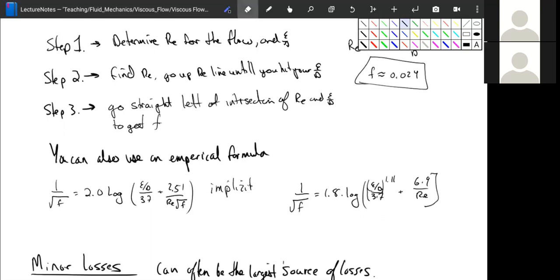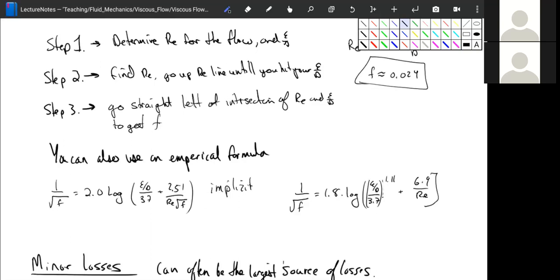You know what? Let's rewrite that since it's important. I'm going to make it so you guys can read it. This is E over D, our roughness divided by our diameter. And that fraction is divided by 3.7.